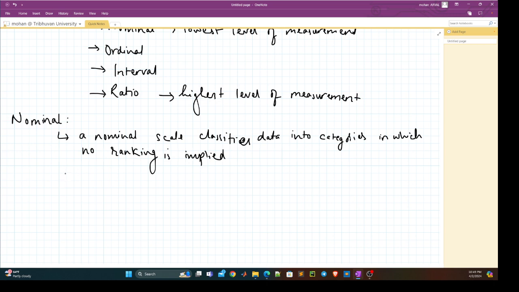We can give examples of this: gender, and the next one will be marital status.